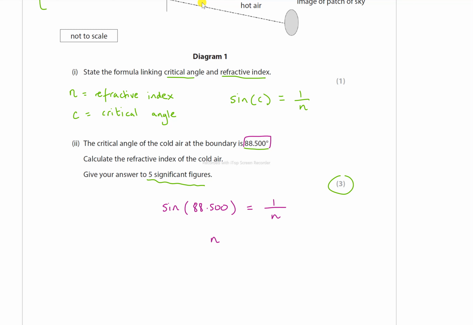Step 2, rearrange that. And then finally you can write 1.0003, it's 1.00034 and so on. But they wanted 5 significant figures.